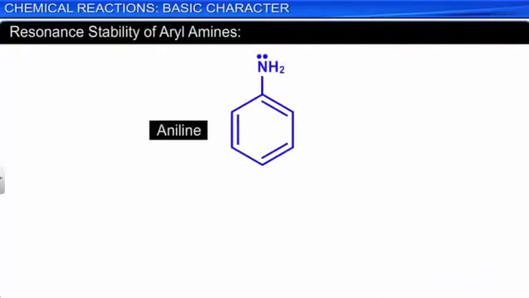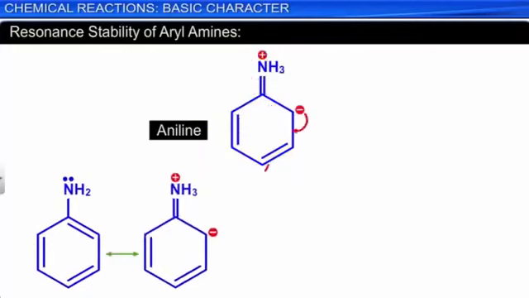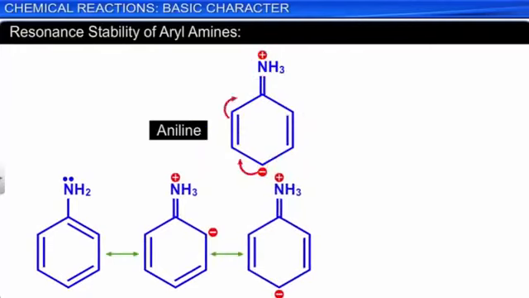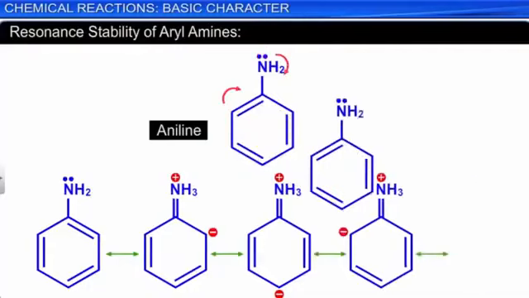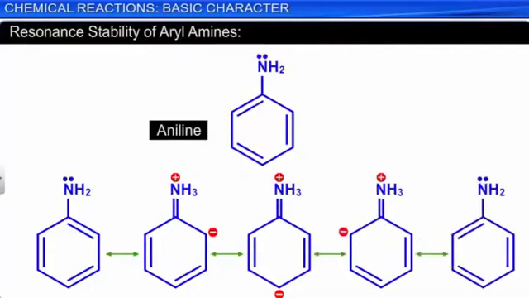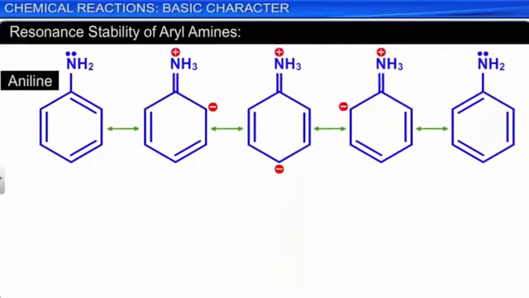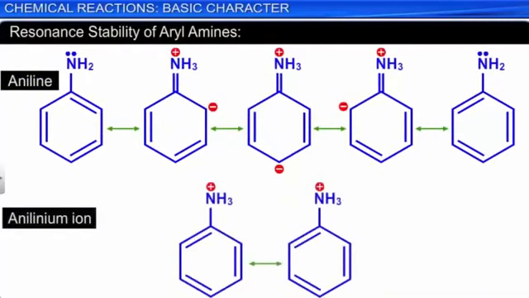The NH2 group in aniline or aryl amine is directly attached to an aromatic nucleus. As a result, a lone pair of electrons on the nitrogen atom is in conjugation with the aromatic ring, thus making it less available for protonation. On the other hand, the protonated aniline, or anilinium ion, obtained by accepting a proton, can have fewer resonance structures than aniline.